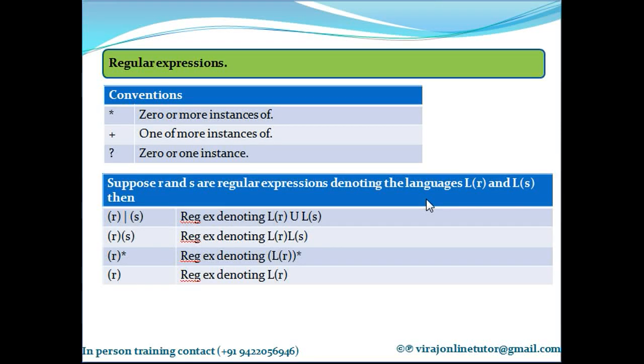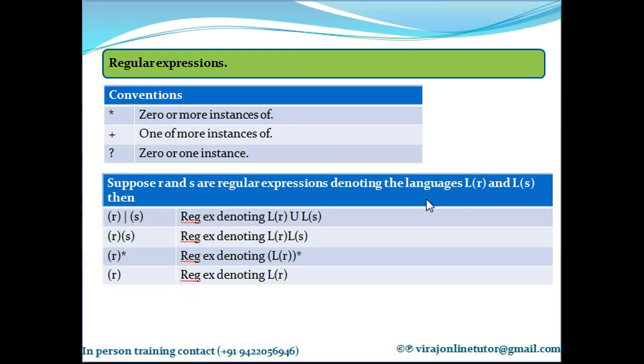You can consider this word as a string which is made up of the symbols H, E, L, L, O. These symbols combining together form a string called hello. So hello is a good example of a string where H, E, L, O are symbols from the alphabet.